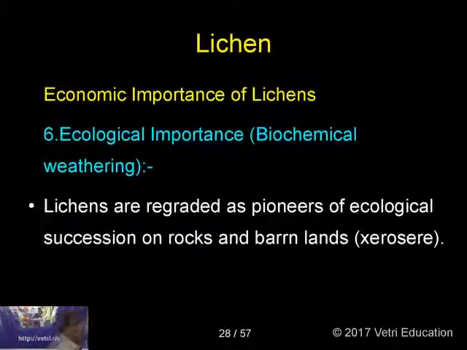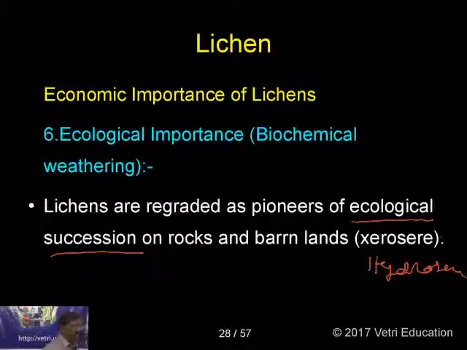This ecological succession is of two types: one is called xerosere, another is called hydrosere. Xerosere is development of soil and vegetation from rocks, and hydrosere is development of vegetation from water, but that is not our concern now. It is the xerosere, the development of land and vegetation from the rocks, from these lichens only.